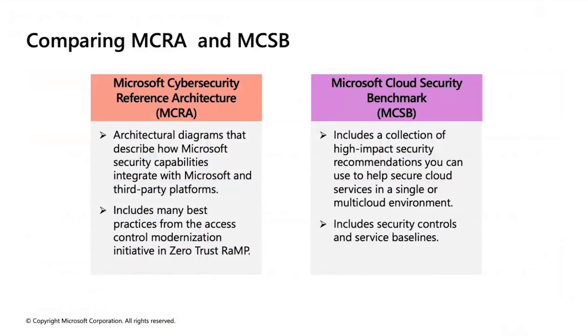Seeing that loophole information and following the recommendations, you can enhance security. So where you're looking for design considerations or design understanding, use MCRA, and where you want to see security recommendations and alerts, you can go for MCSB, Microsoft Cloud Security Benchmark.